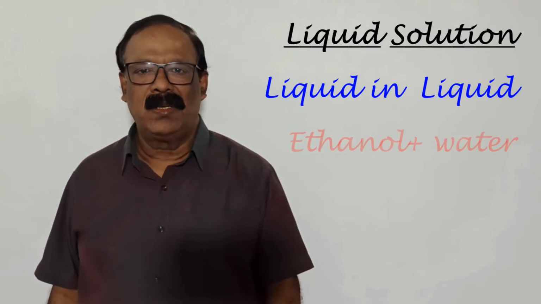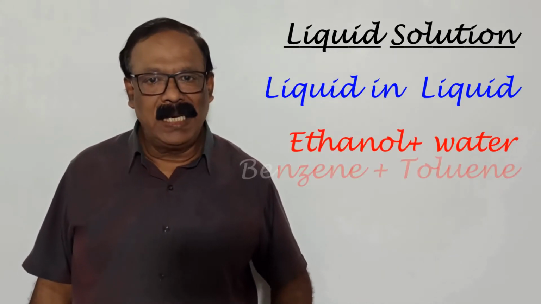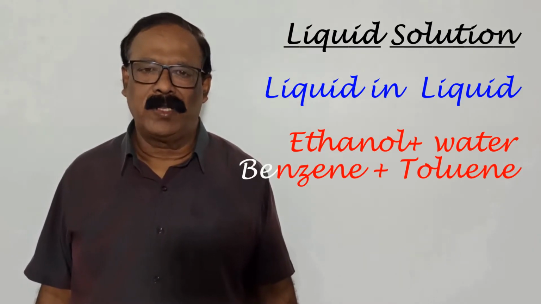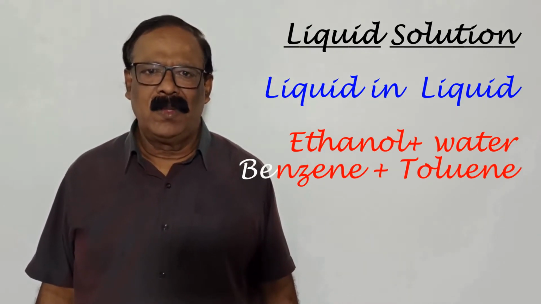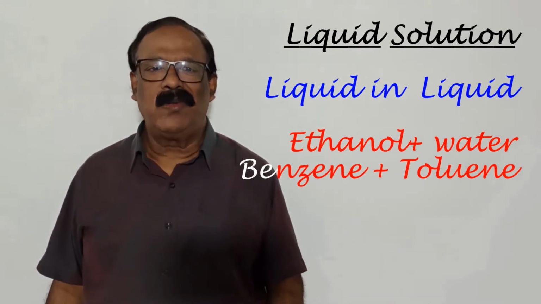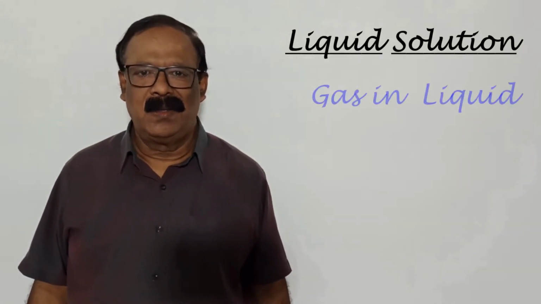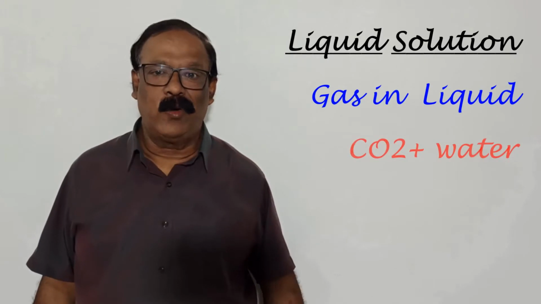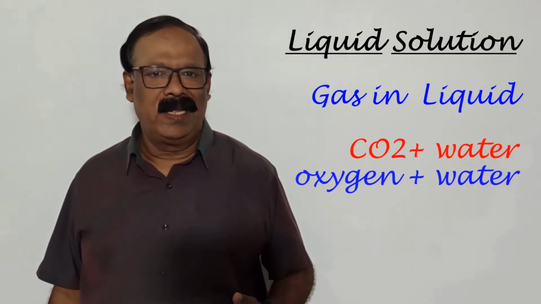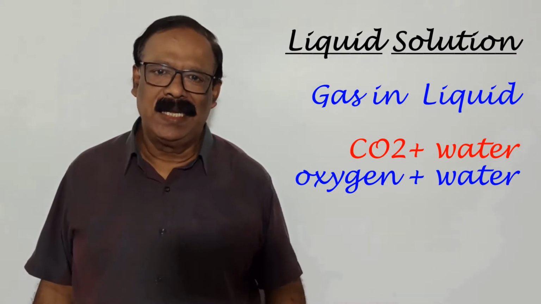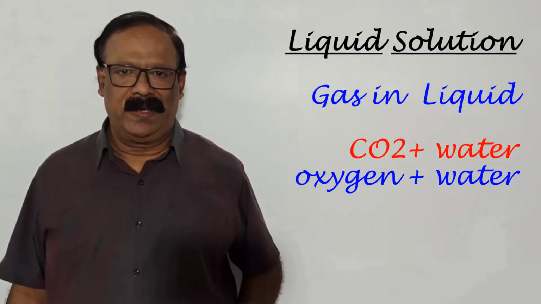Alcohol plus water, benzene plus toluene are examples for this category. All gases dissolve in water to form liquid solutions. Most common example that we have in our mind is soda water, which is formed by dissolving carbon dioxide gas in water.